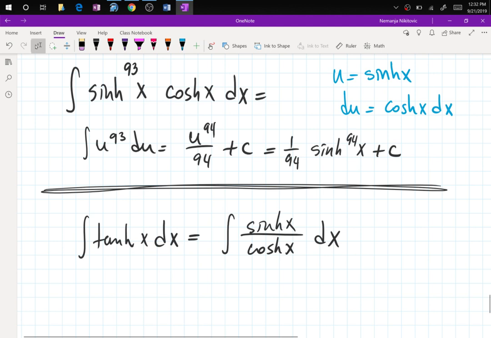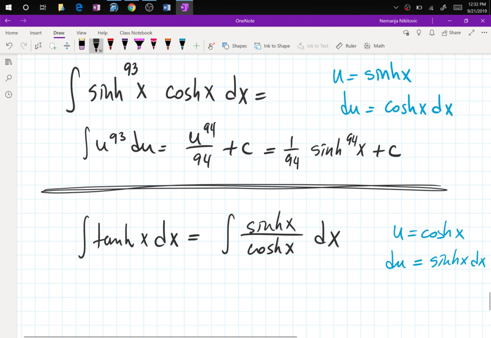So it takes some time to practice this. U is cosine hyperbolic x. You can't leave the du to be in the denominator. It has to be on top. So that's why you pick cosine. And then the derivative is sine hyperbolic x dx, which is perfect because both are on top.